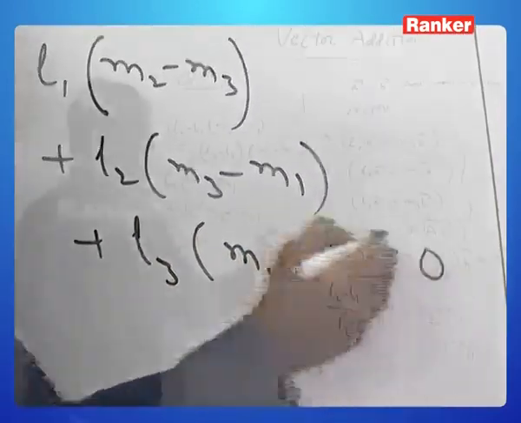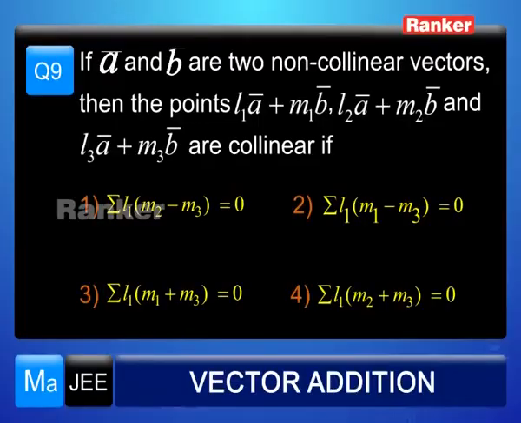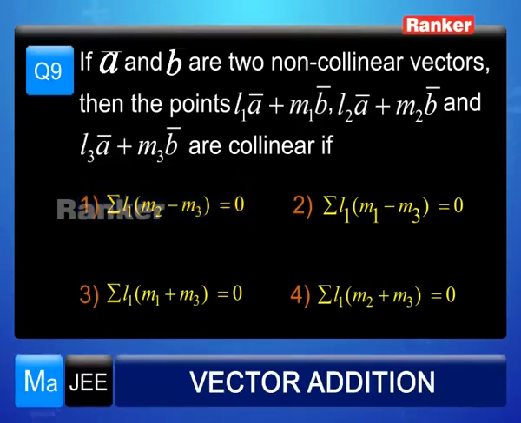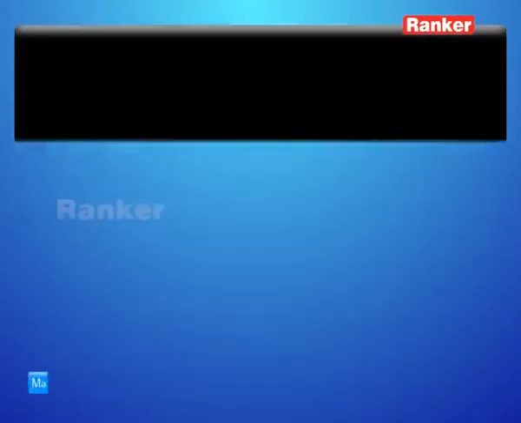After regrouping the terms and writing, we can rewrite this equation in this form, and that's clearly appearing in option 1. So it is in the form of sigma of L1 into M2 minus M3 equal to 0. Let's move on to the next question, question number 10.